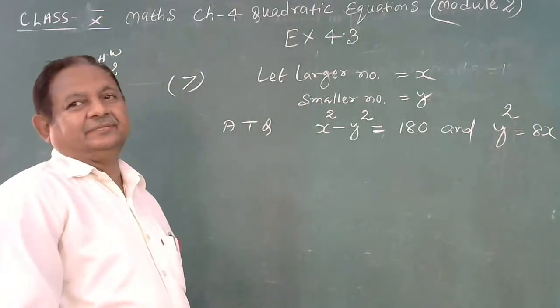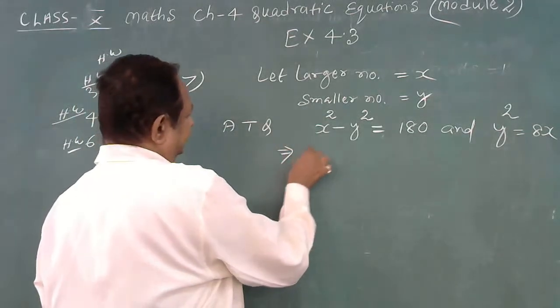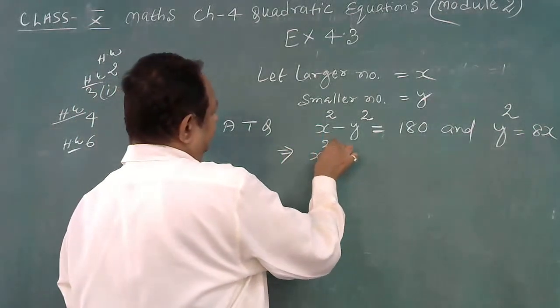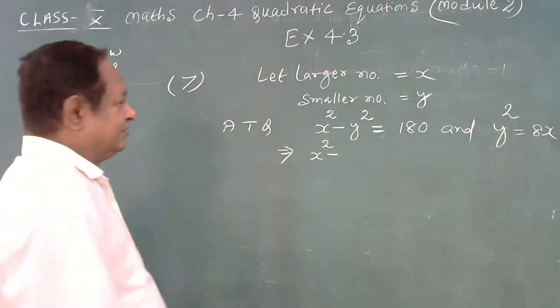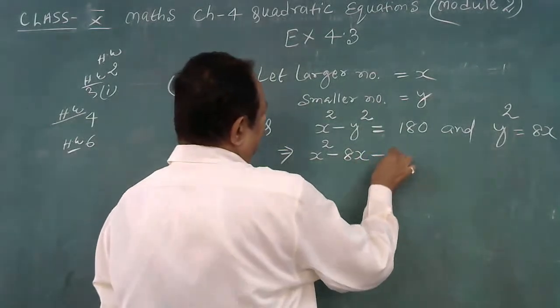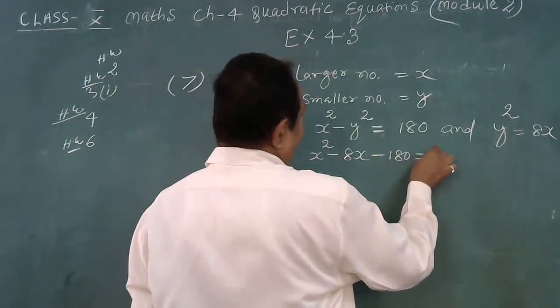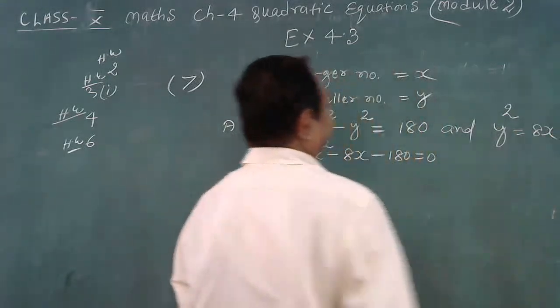It is also given. So this implies that x square minus, in place of y square, write 8x, minus 180 is equal to 0. Say this is equation number 1.